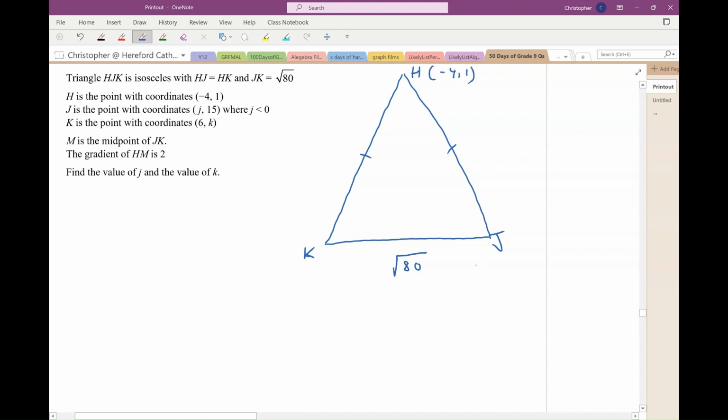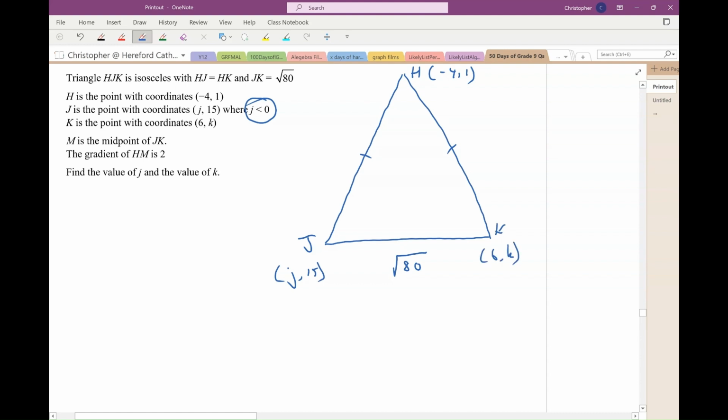J has got coordinates (j, 15), where j is negative, and K has got coordinates (6, k). Okay. Well, if j is negative, then I'm going to swap these two around, just so that my diagram makes sense. So this is going to be the point J with (j, 15), and this is going to be the point K, which has got coordinates (6, k).